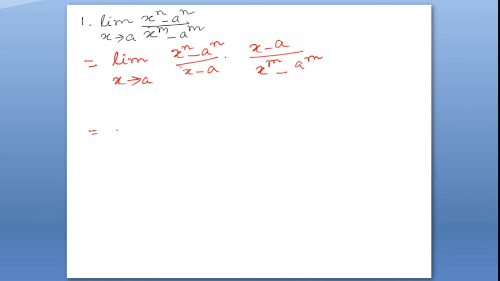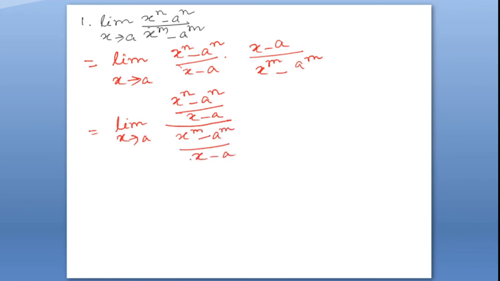Now we can write in this way: limit x tends to a, (x to the power n minus a to the power n) by (x minus a), and here (x to the power m minus a to the power m) by (x minus a).